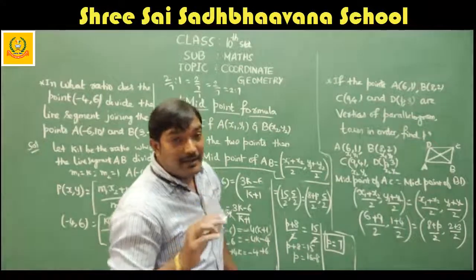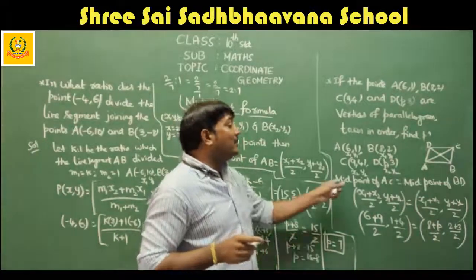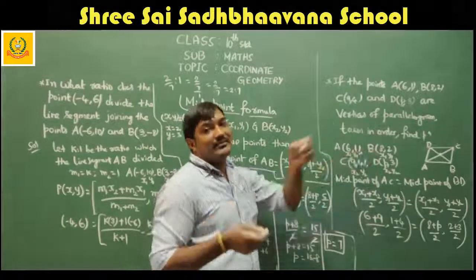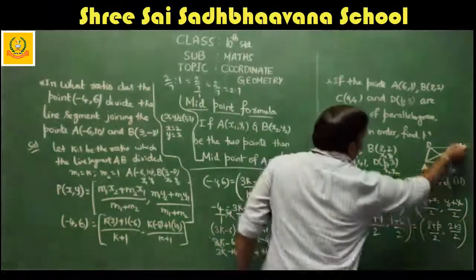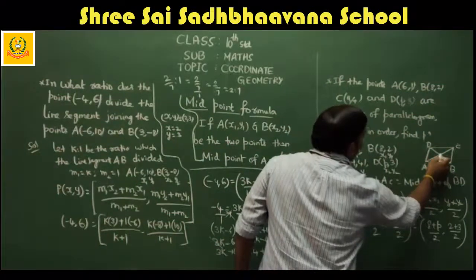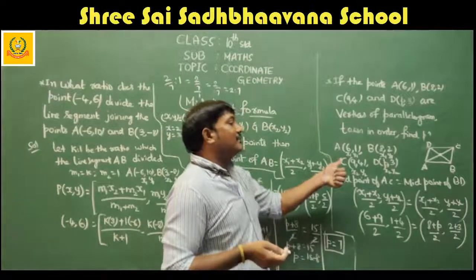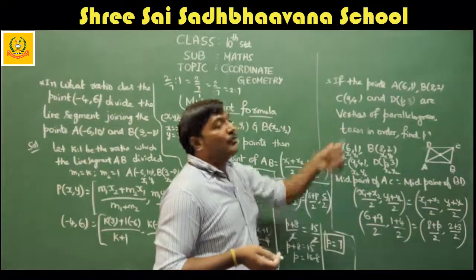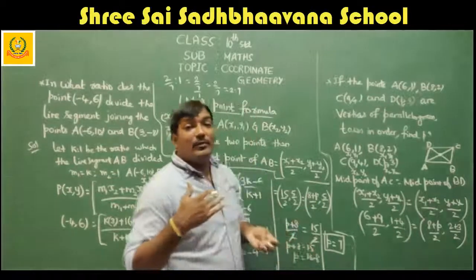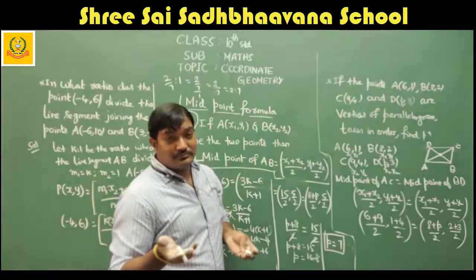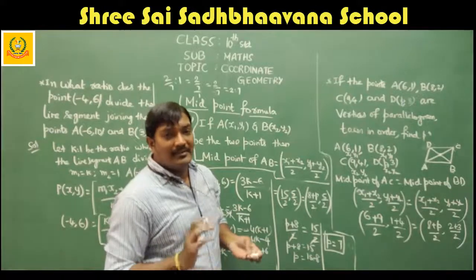When the diagonals of a parallelogram bisect each other, the midpoints of the diagonals should be the same. Then only bisection is possible. It means if the midpoint of AC and the midpoint of BD are the same, we can say that these vertices will form a parallelogram, obviously. So that is the property which I took to make your sum easier.